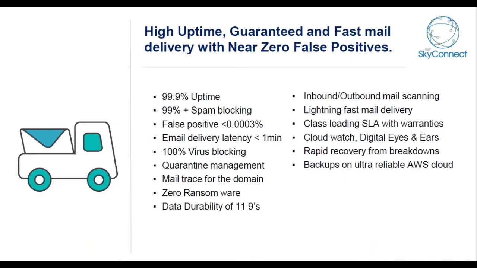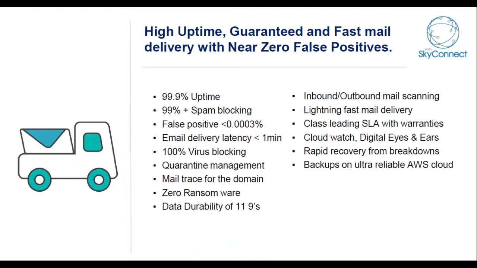SkyConnect has all the features of a standard email solution, though we are not getting into the details of the features. More importantly, what we have seen is that the main concern of any user who's using email is, first and foremost, a very good uptime, almost 100%.